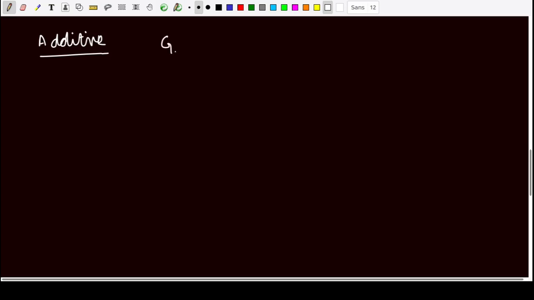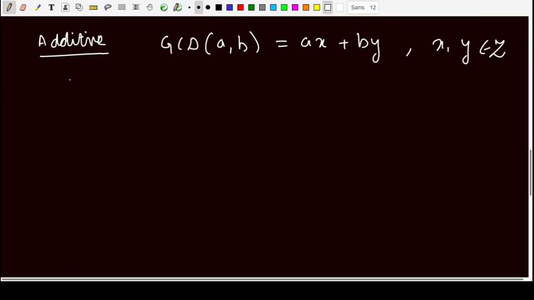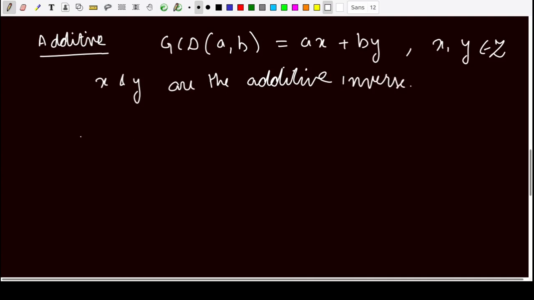But from the GCD perspective, we know that the GCD of two numbers A and B can be written in the form of ax plus by, where x and y belong to the set of integers. So here x and y are the additive inverse of each other. This is what additive inverse in the context of GCD is.